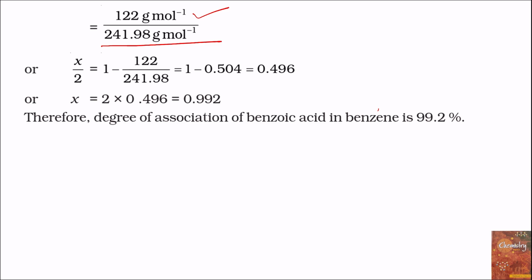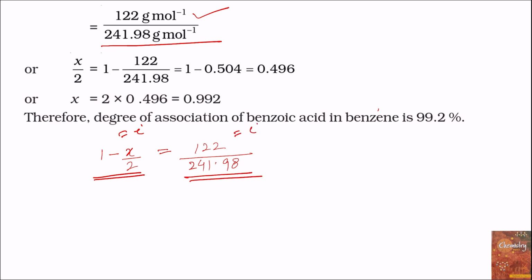So we get the equation 1 minus x by 2 is equal to 122 divided by 241.98. 1 minus x by 2 is also equal to i, and 122 divided by 241.98 is also equal to i. Now rearranging this equation, value of x by 2 will be equal to 1 minus 122 divided by 241.98.